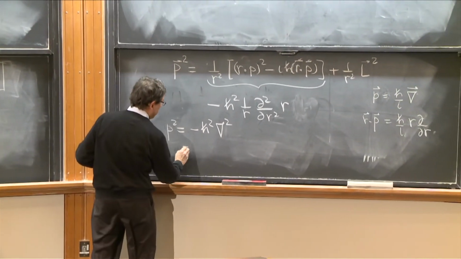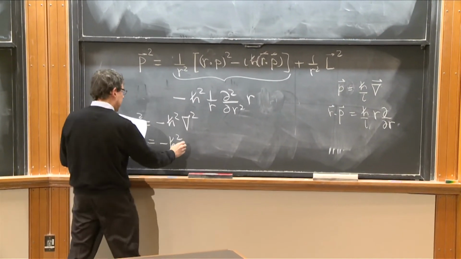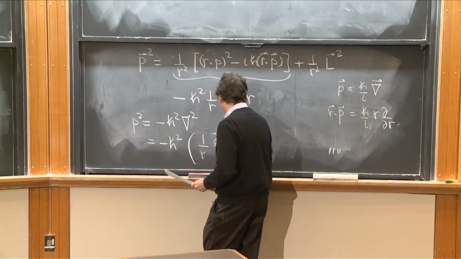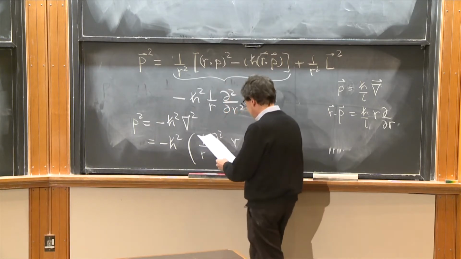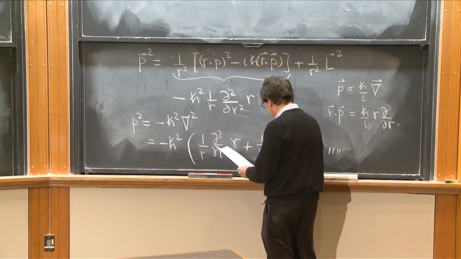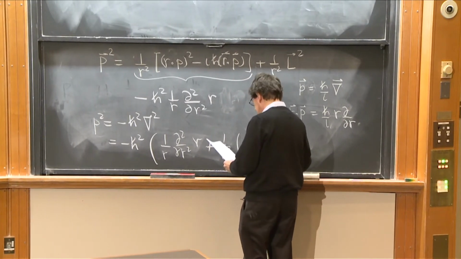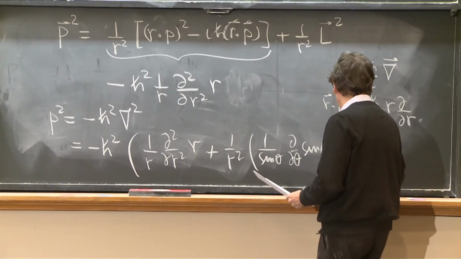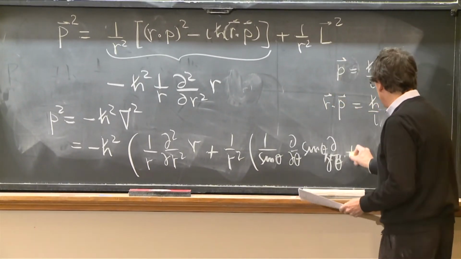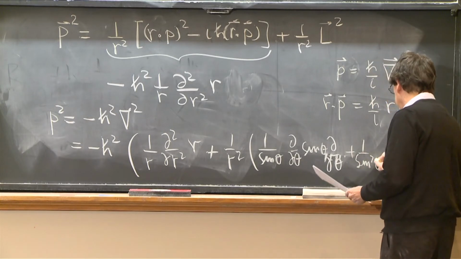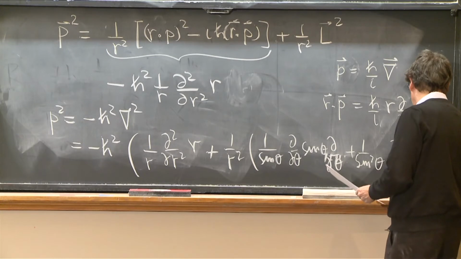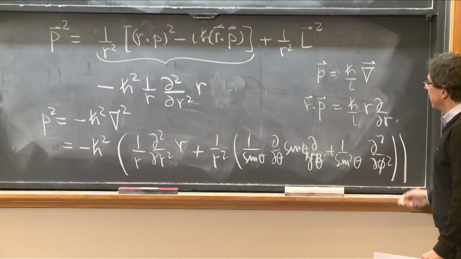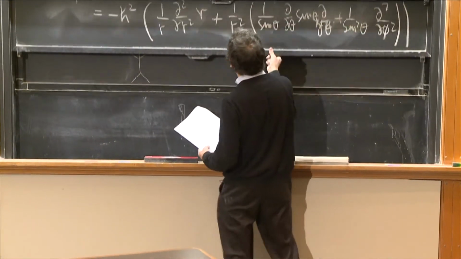And the Laplacian operator is 1 over r d second dr squared r plus 1 over r squared times 1 over sine theta d d theta sine theta d d theta, it's a little bit messy, plus 1 over sine squared theta d second d phi squared, closing this. So a few things are there to learn.